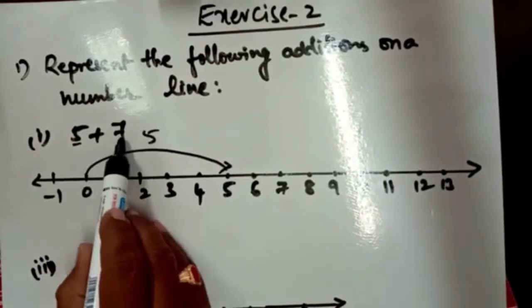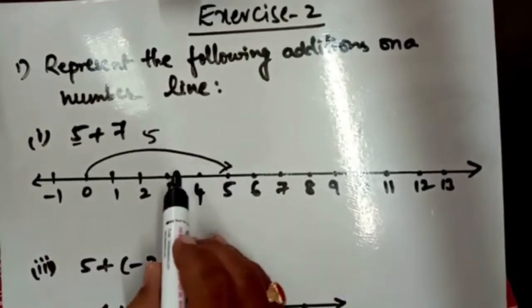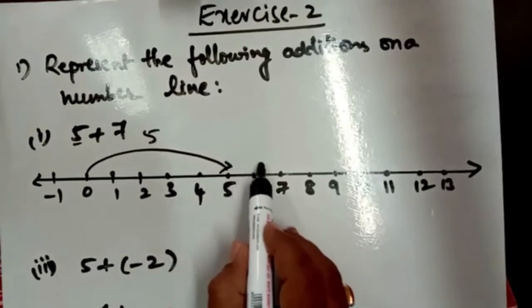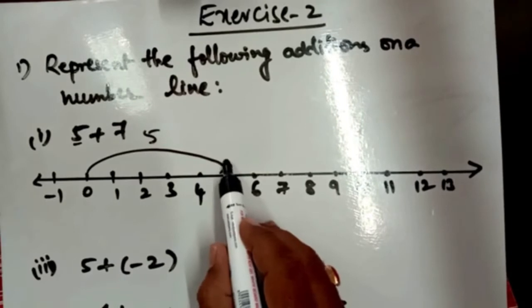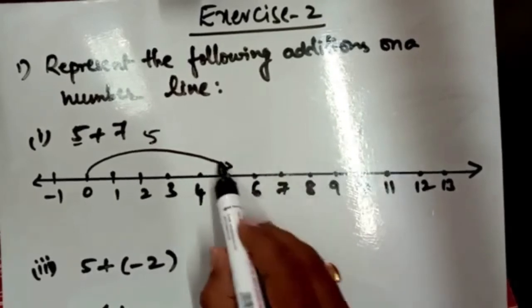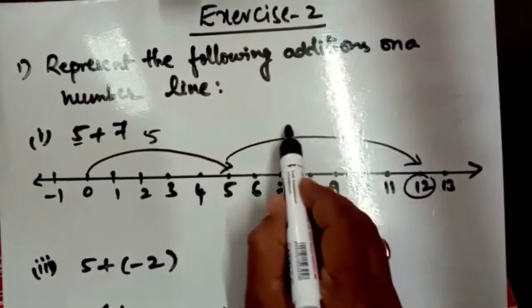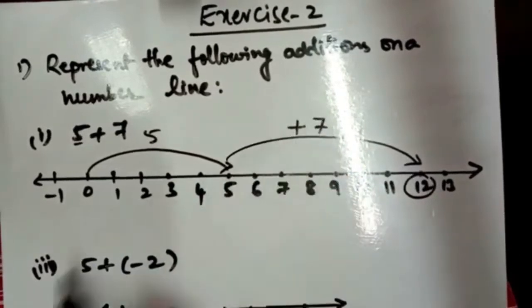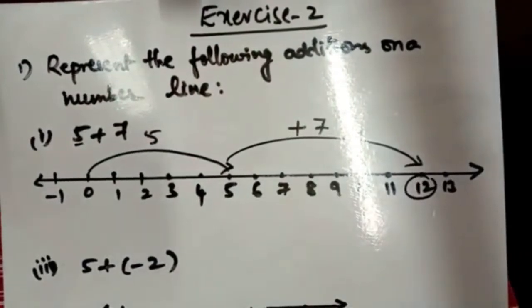From here we are adding 7 to the 5, so we are moving 7 steps to the right side of this 5. 1, 2, 3, 4, 5, 6, 7. So from 5, going 7 steps, the answer is 12. So 5 plus 7 is 12.